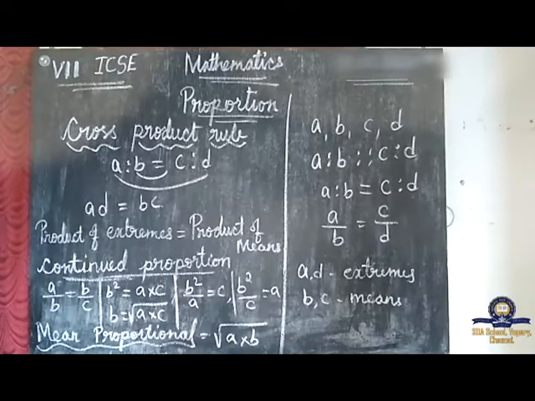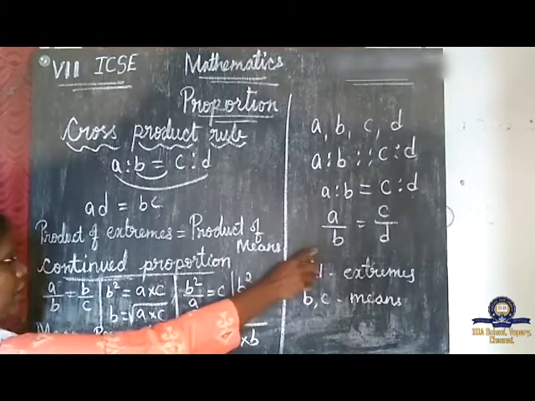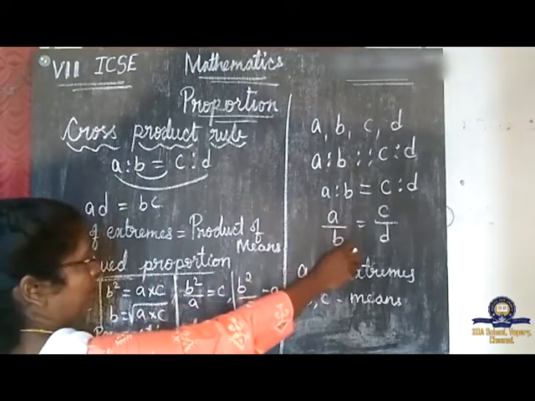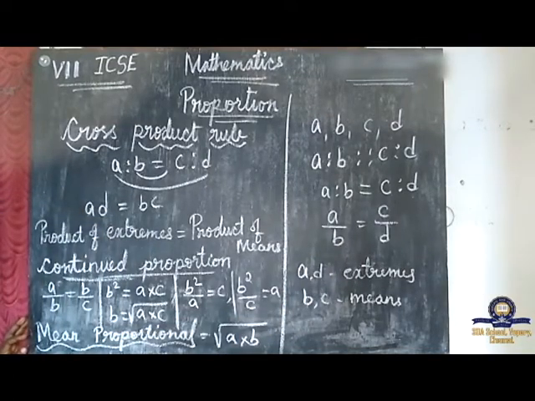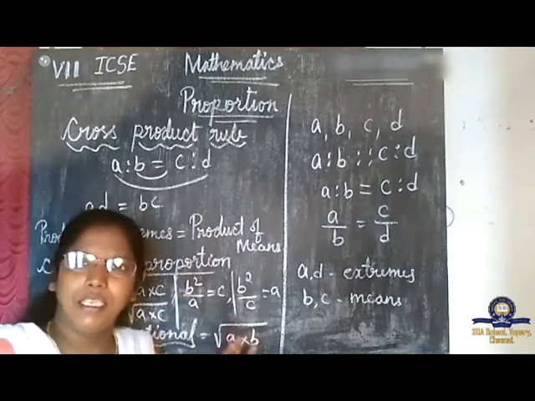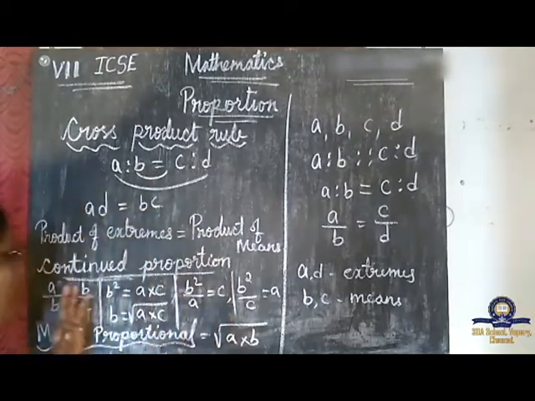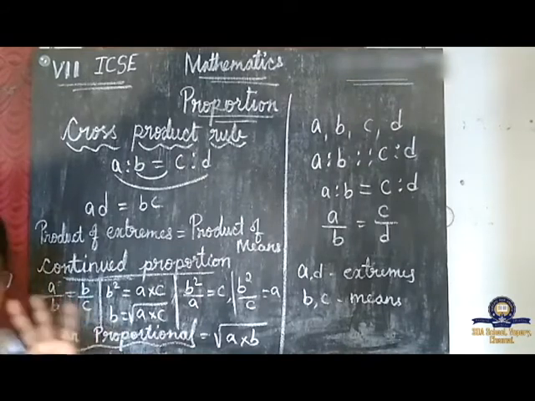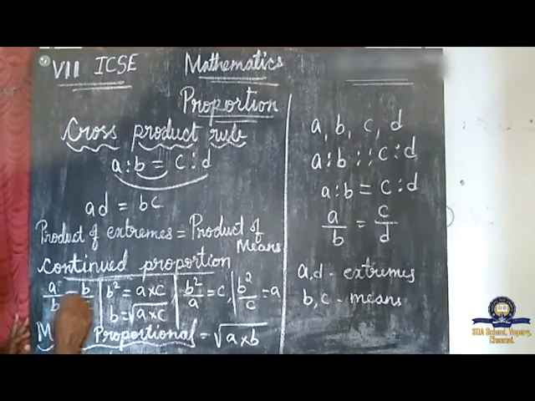Next we'll come to continued proportion. We know that we can write the proportion like this: A by B is equal to C by D. Here we have four quantities A, B, C, D. But in continued proportion there are only three quantities or terms: A, B, C. Here B is continued into the third term.